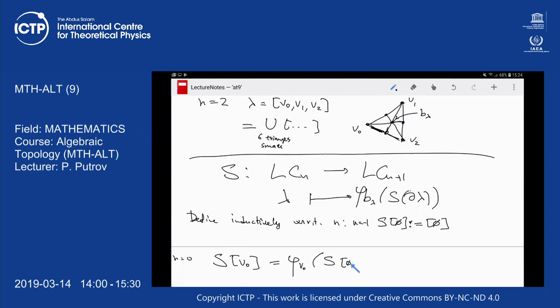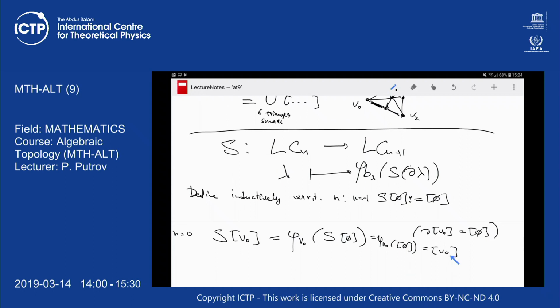So we extend the definition of d: if there is a single vertex, when we remove it, we just get a list with no vertex. So first S acting on this is the same by the base of the induction. And then this is the operation of adding vertex V0. We add vertex V0 to nothing, we get the same vertex again. So for n equals 0, S acts as identity.